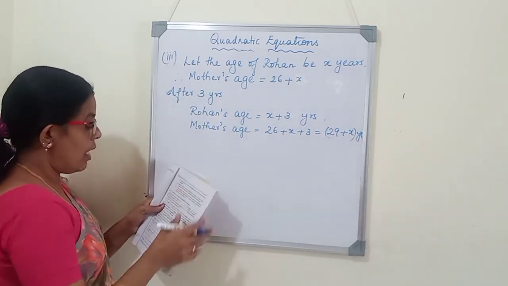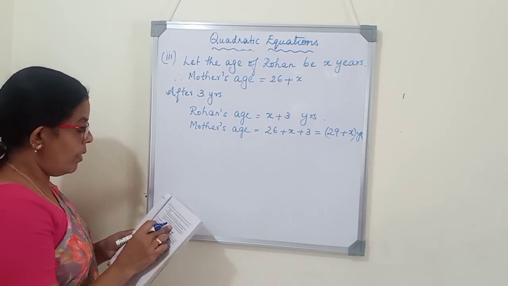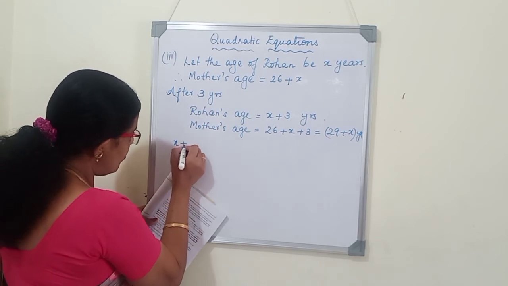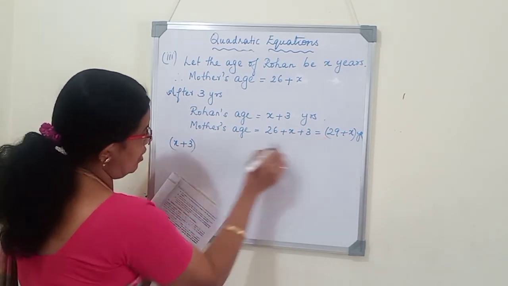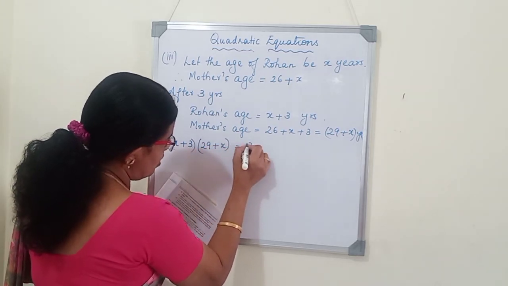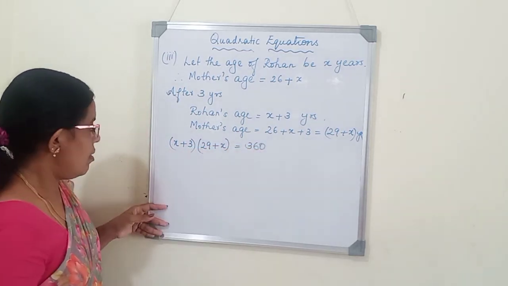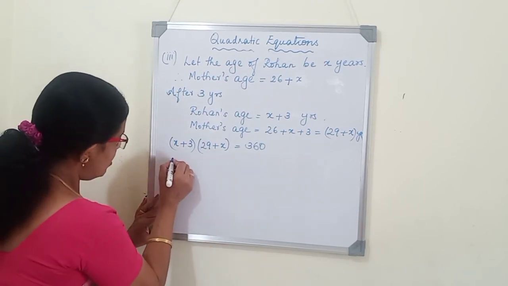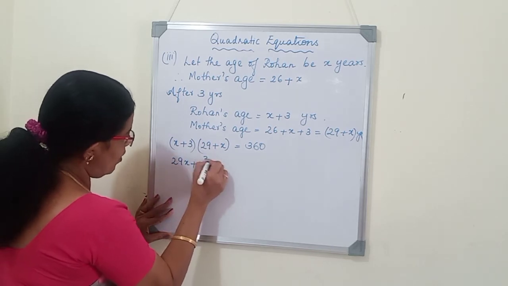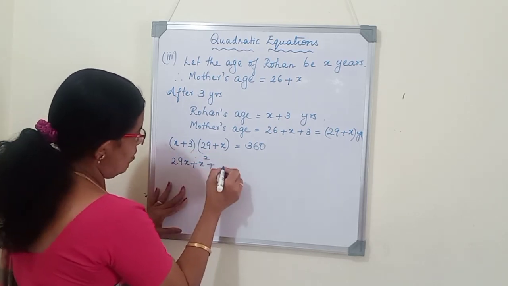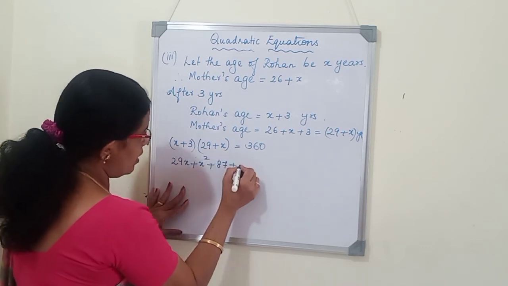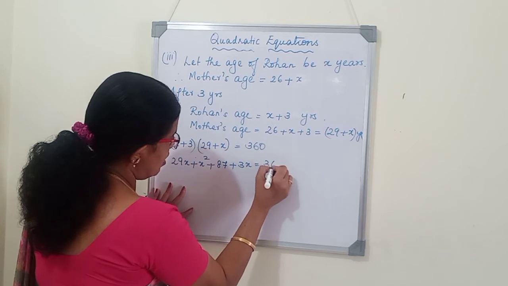Now, after 3 years, product of their ages will be 360. So, after 3 years, Rohan's age into mother's age, 29 plus x, will be equal to 360. So, x into x is x square, x into 29 is 29x, 3 into x is 3x, and 3 into 29 is 87, equal to 360.